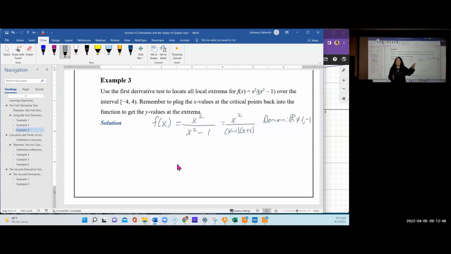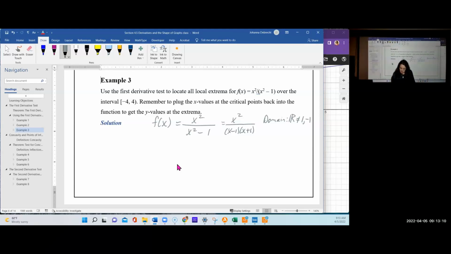So 1 and -1 are not in our domain at all. So they cannot be critical values. We cannot have relative extrema there. They're not graphed. When you graph, there is no point at 1 or -1. And both of those values are in the interval that we're looking at from -4 to 4. So we're going to need to be careful about that.